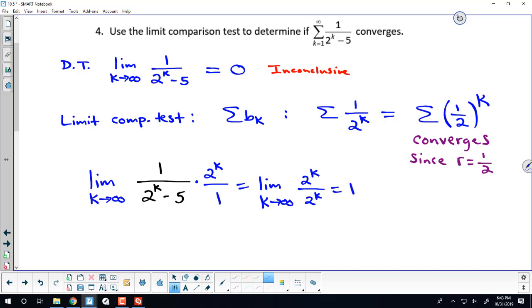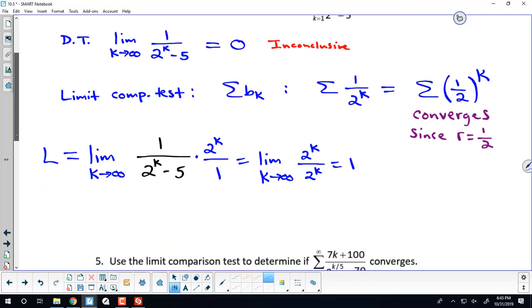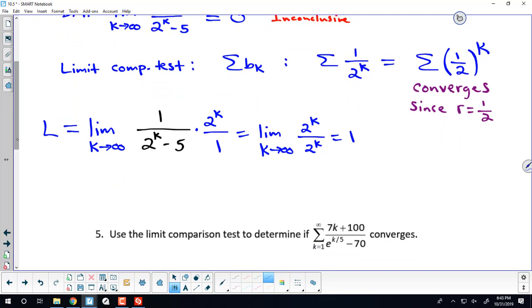Okay. Well, let's call this capital L, like they're calling it in our textbook. So again, we've got a finite non-zero limit. Just like in that first example, your limit is finite and non-zero. It means that both of those series do the same thing. So since the chosen series converges, the given series 1 over 2 to the k minus 5 also converges.